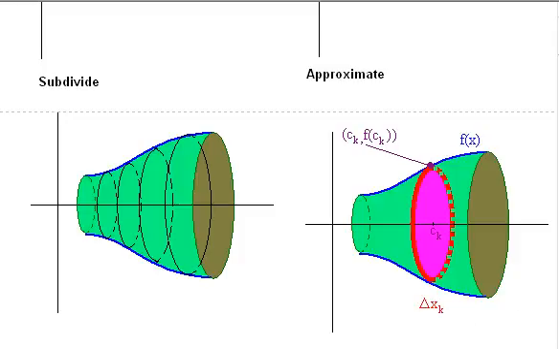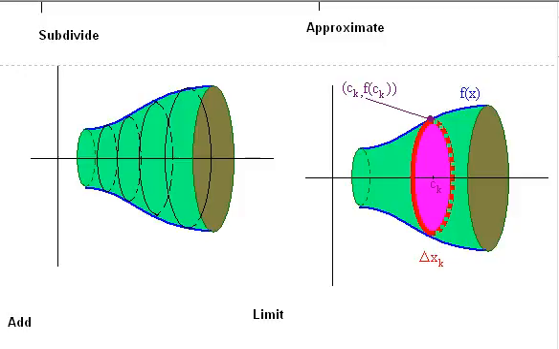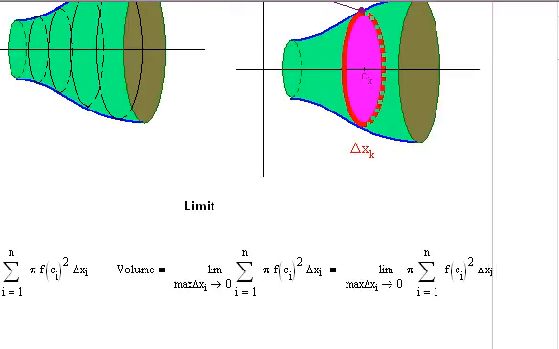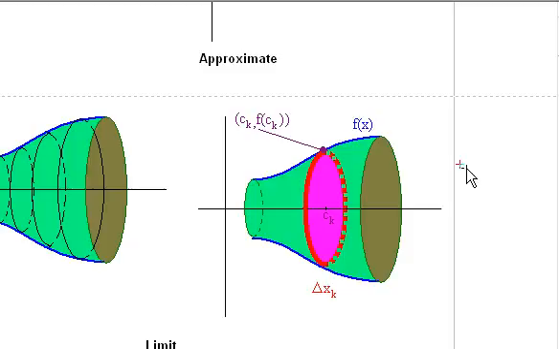So now we can approximate that particular piece. This disk has volume approximately equal to pi times f of c sub k squared times delta x sub k.